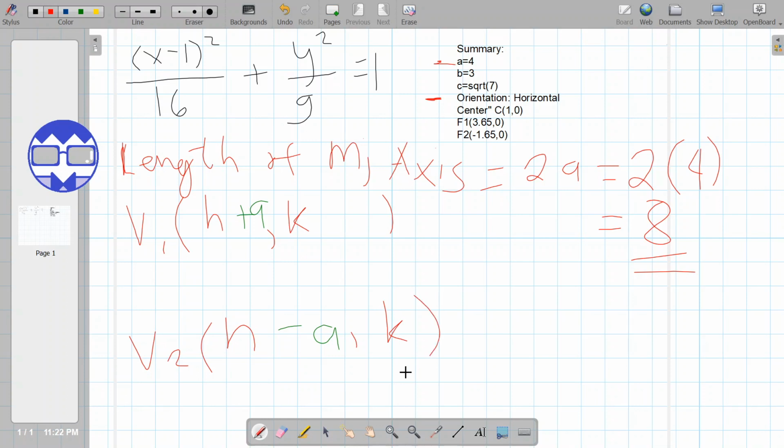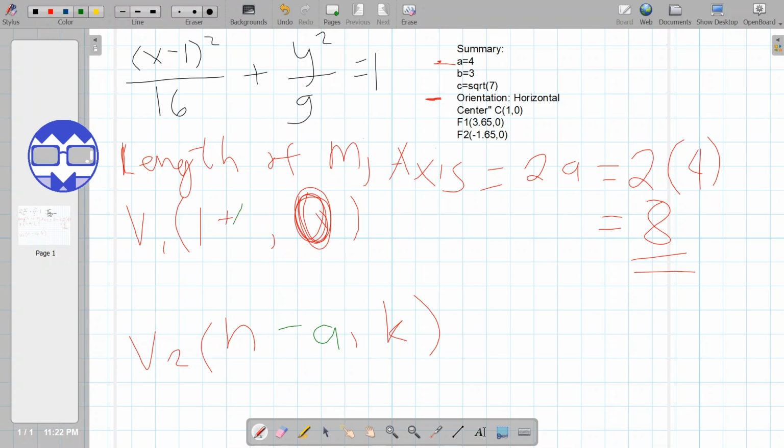Using substitution, K is 0. While our h plus a, our h is 1. The center is 1, 0. Plus our a is 4.